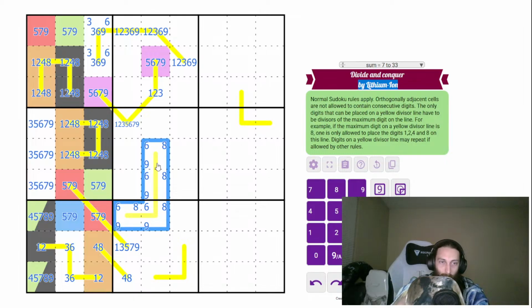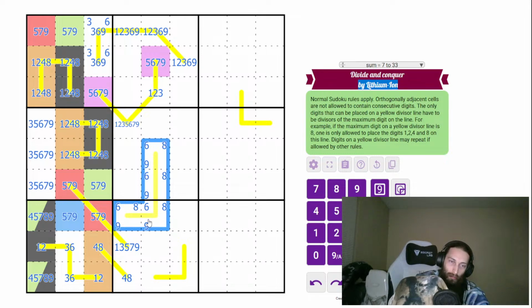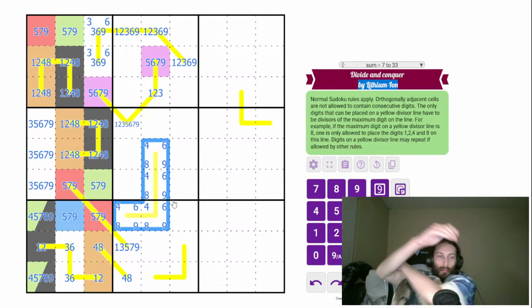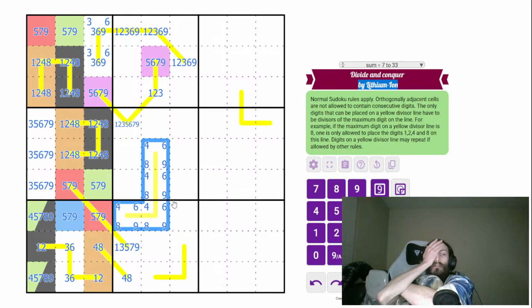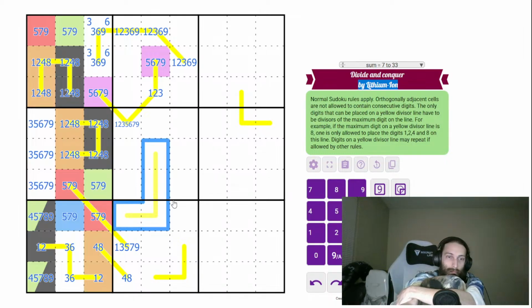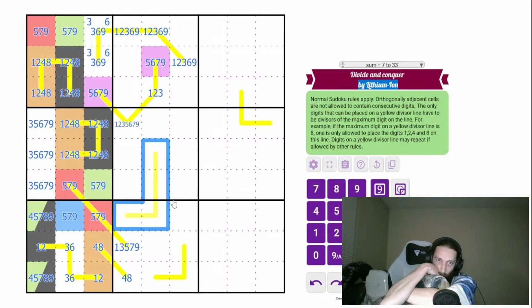It cannot be 5, because I have to have at least 3 different digits. So it could be 4 as the maximum as well. I don't know what to do with it.